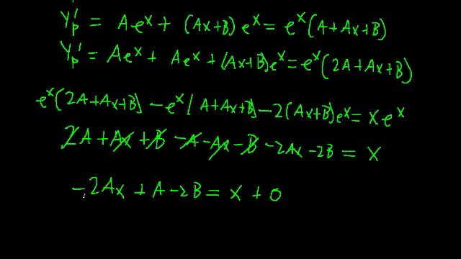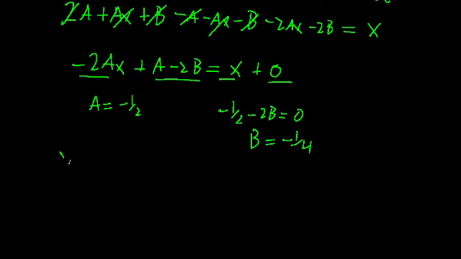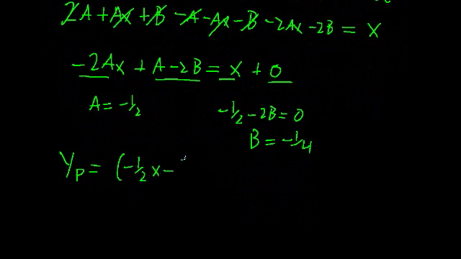Which means that negative 2a has to be equal to 1, or that a is equal to negative 1/2, and that a minus 2b has to be equal to 0. And if a is equal to negative 1/2, that means that we get negative 1/2 minus 2b is equal to 0, or b is just equal to negative 1/4. Which means our particular solution is yp equals negative 1/2 x minus 1/4, times e to the x.